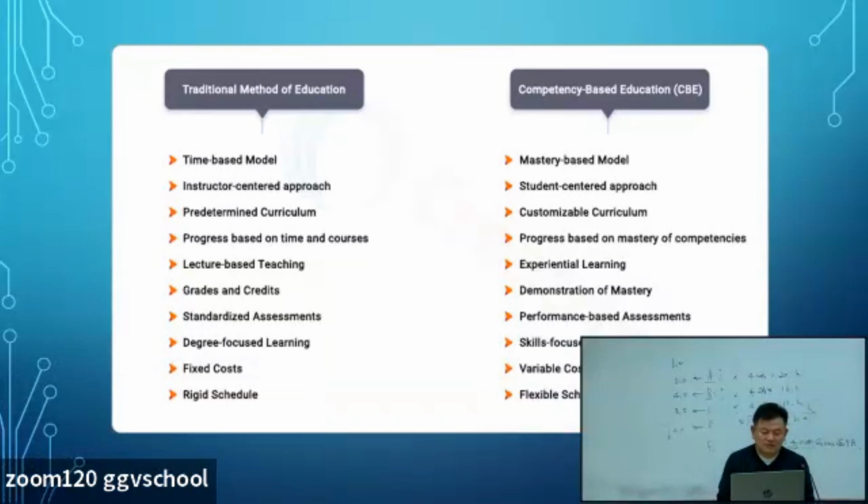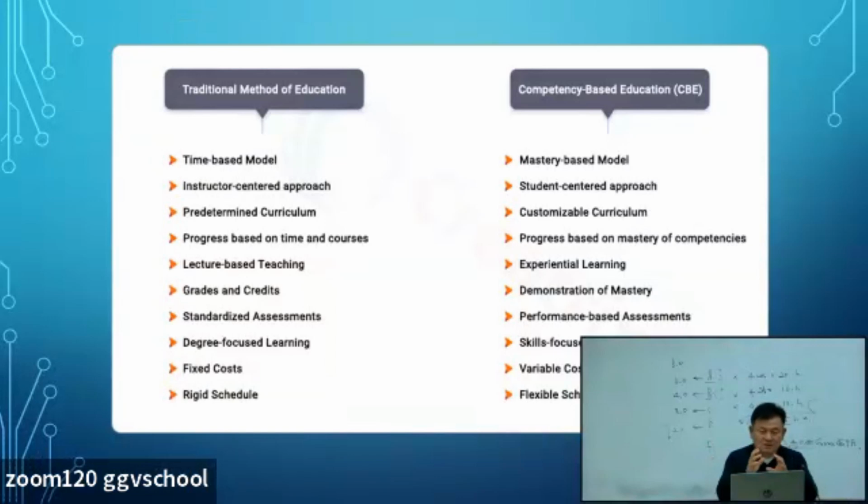The traditional method of education is a very time-based model. It means a junior high school or elementary school has a 40 or 45 minute class and then a 10 or 15 minute break. But competence-based education is different. It's a mastery-based model, so it doesn't matter how much time it takes.